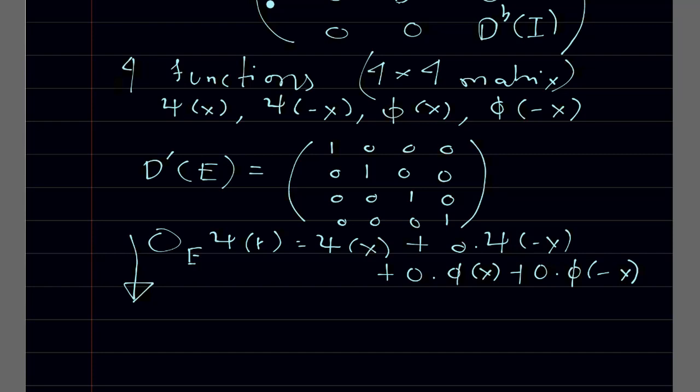Okay, now here there is a very interesting thing, that I can put some dotted lines here and here. Why dotted lines? Let me put straight lines here and here.